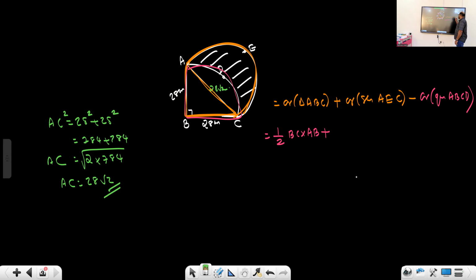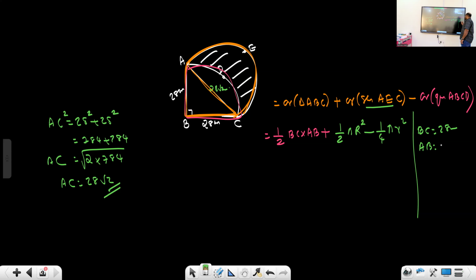See, area of semicircle AEC, half pi r square, I used the capital letter. Quadrant area 1 by 4 pi r square. Now identify everything. BC 28 centimeter, AB also 28 centimeter, big R is 28 root 2 by 2, that is 14 root 2, and small r is already 28 centimeter. This is the radius of the quadrant, but this is the diameter of the semicircle. That's why we divided by 2.